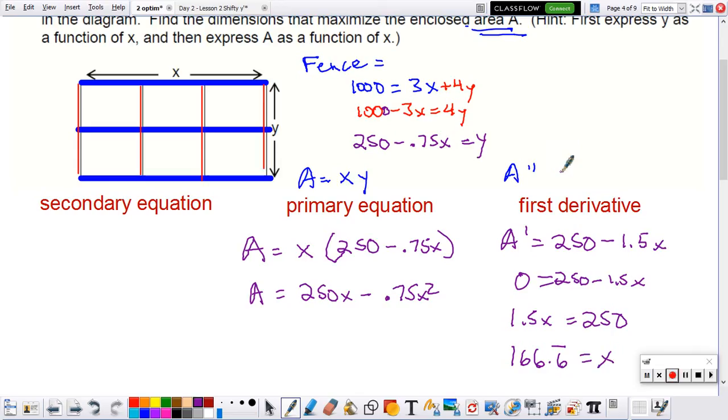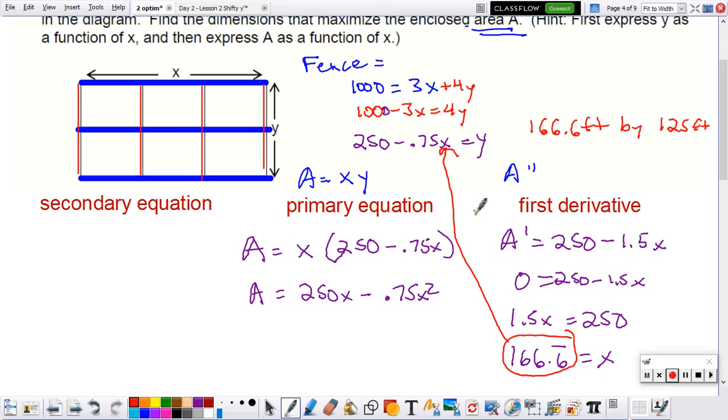So now for y, I'm going to plug this number here, and I end up with y is about 125. So my answer is 166.6 feet by 125 feet. So go ahead and finish any problems we haven't from pages 7 to 9.